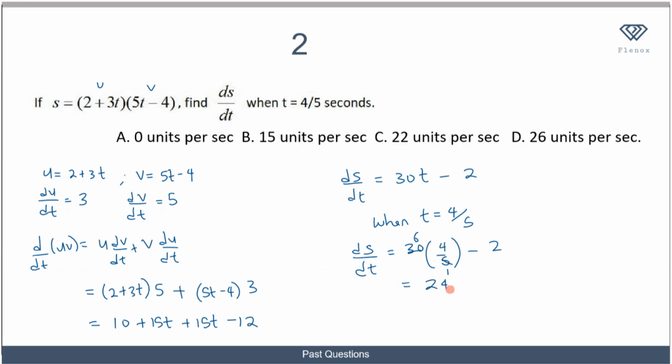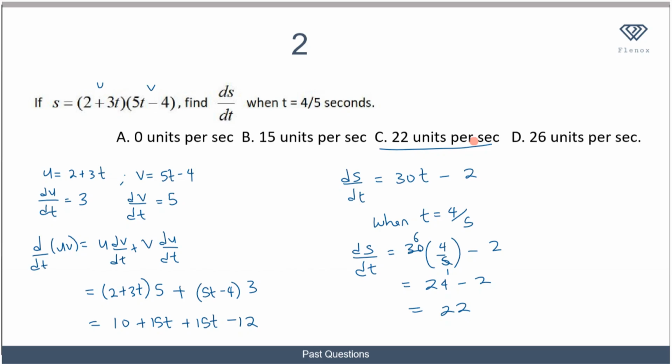So I have 24 minus 2, and that is equal to 22. So the correct option here is C, which is 22 units per second. And the reason why it's units per second, you remember, the differential of distance s gives us the velocity, which is measured in length per second. So the correct option here is option C.